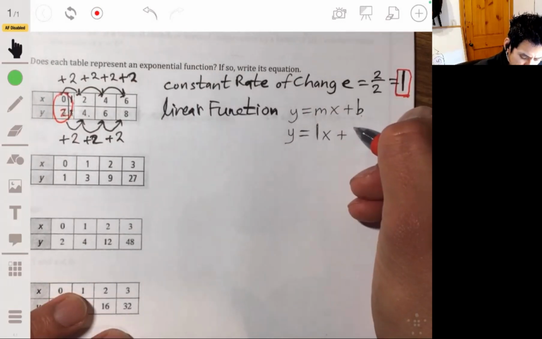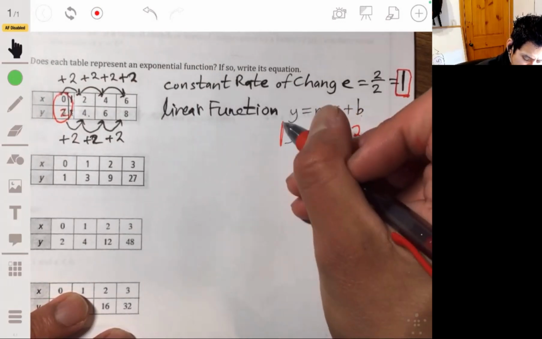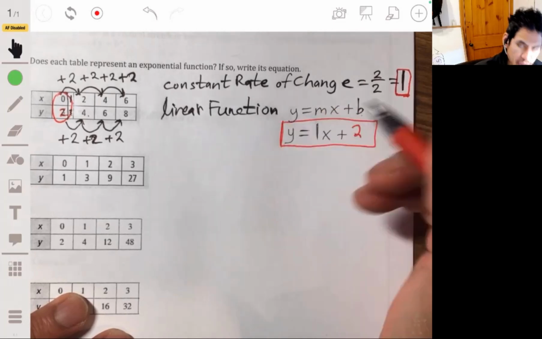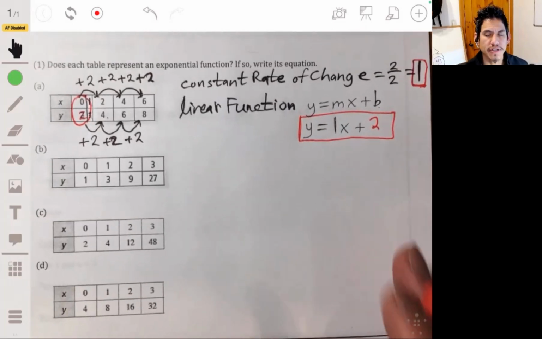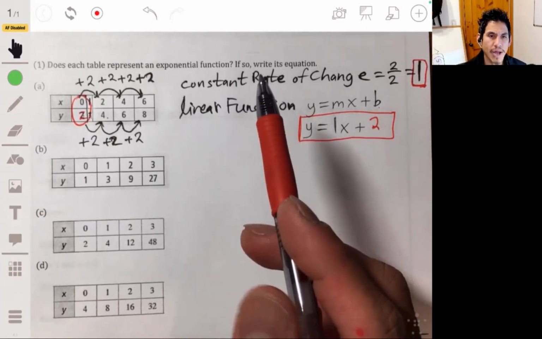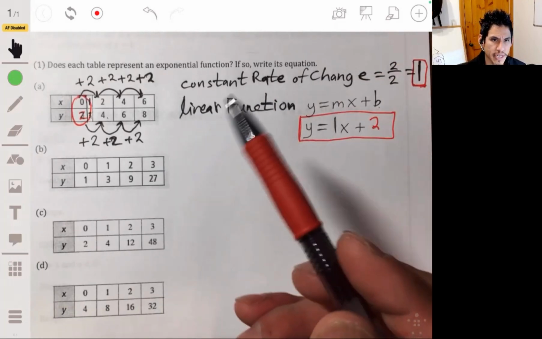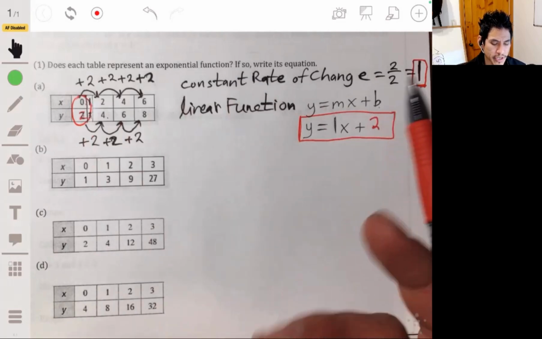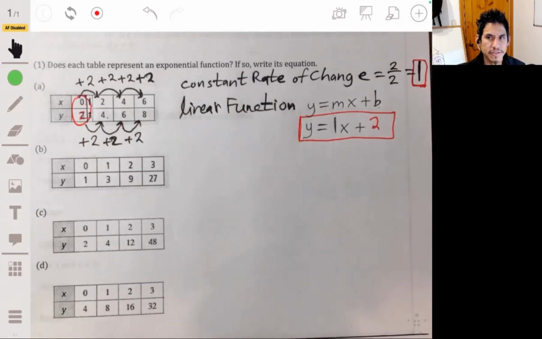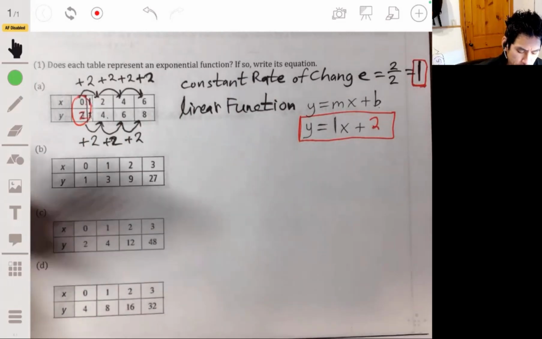So this first equation is y equals 1x plus 2. It's the same thing, just a different language, and we're not graphing it. That's why we don't really say slope or y-intercept. We say initial value, we say rate of change, because that's going to work in all contexts.